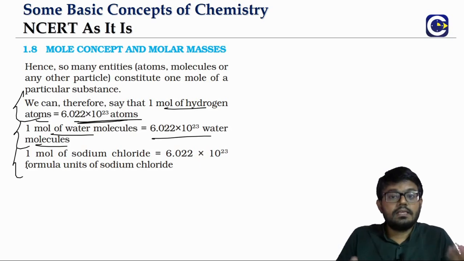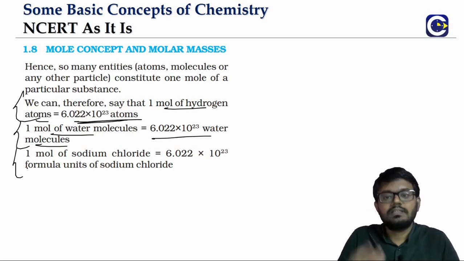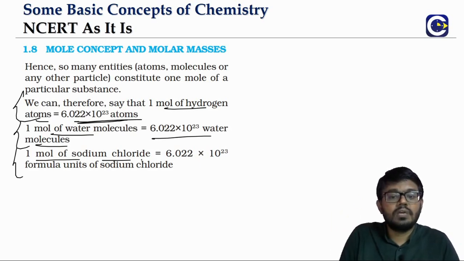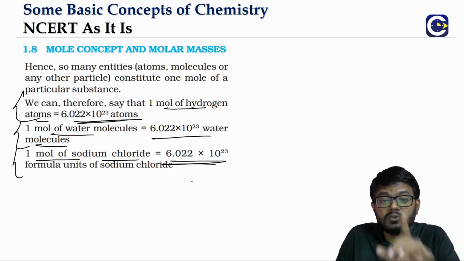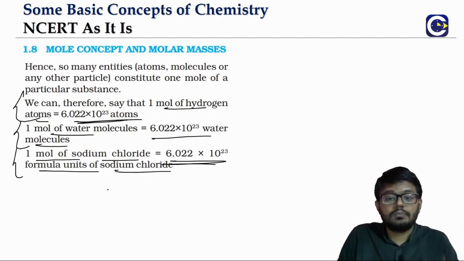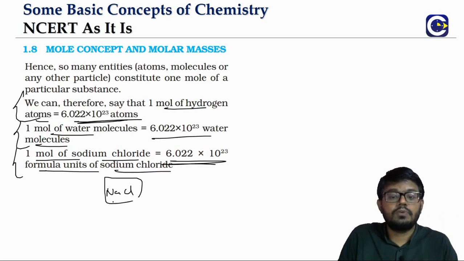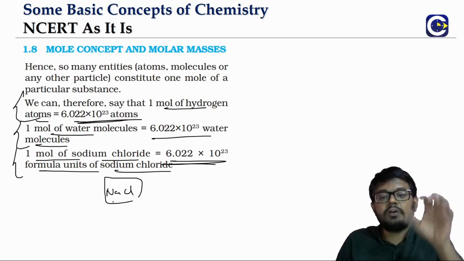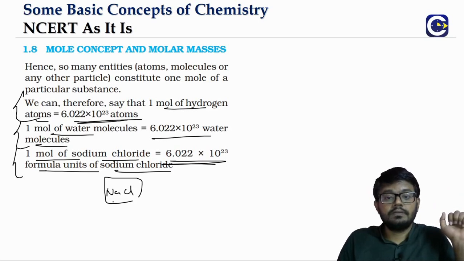I can say 1 mole of marker pens also, but obviously that much count will not be there. So 1 mole of sodium chloride means you will have 6.022 × 10^23 formula units of sodium chloride. Remember, the formula unit of sodium chloride is NaCl.